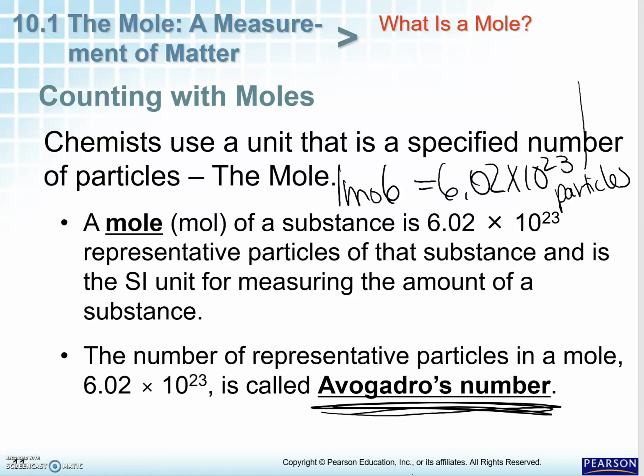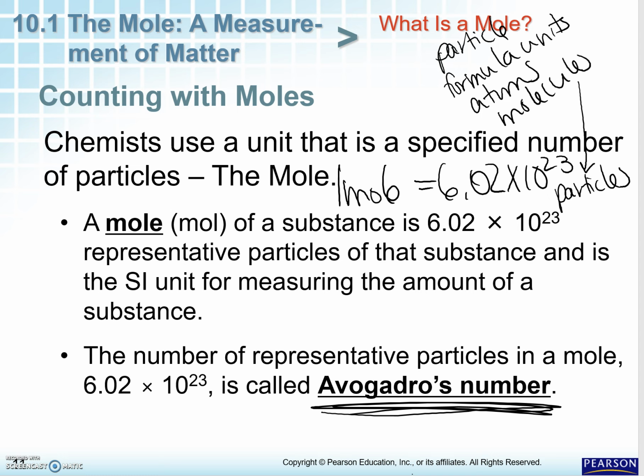Now, the unit that we put after it can be particles, formula units, atoms, or molecules. And based on what type of substance we are looking at, and also the question at hand, it will tell you exactly which one of these denominations we will use with our mole.